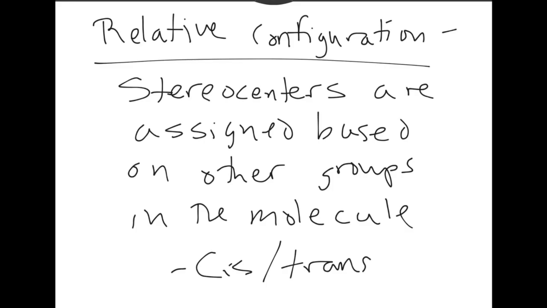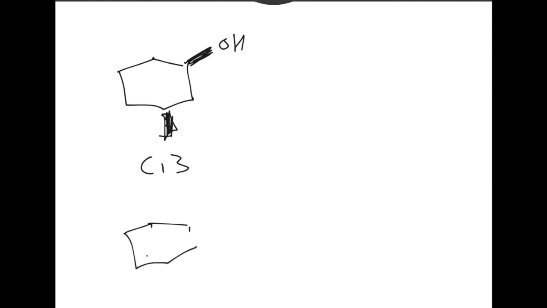What this means is, let's say we have this molecule. This is the cis isomer, right? The OH and the methyl group are on the same side. What you don't know with relative configuration is whether they're both up, or, as he draws the same thing, if they're both down.